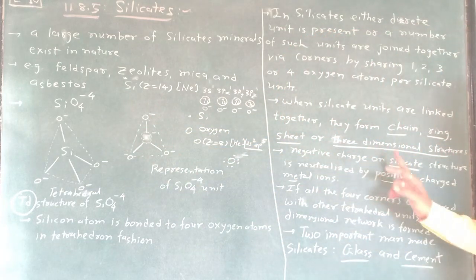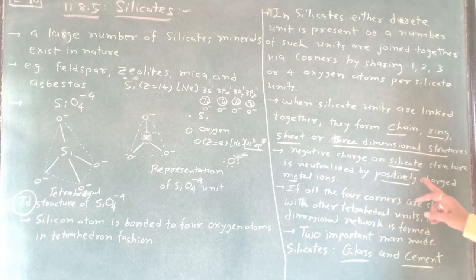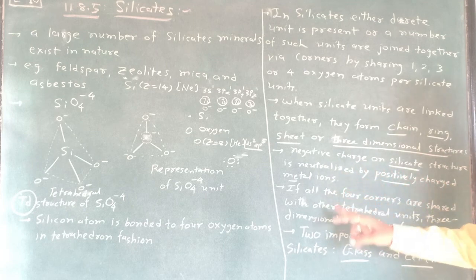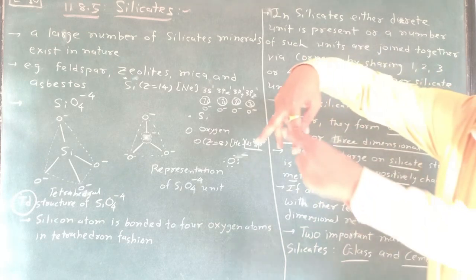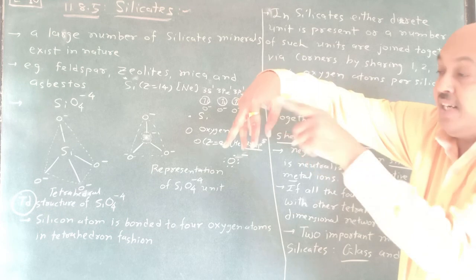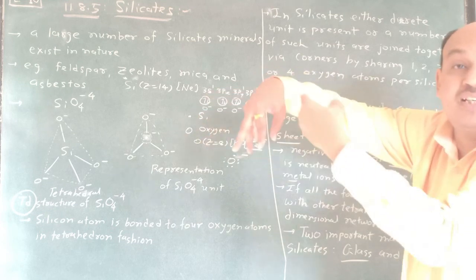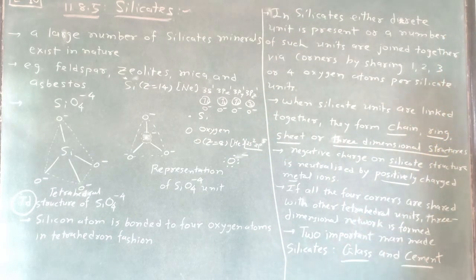So the negative charge on the silicate structure is neutralized by positively charged metal ions. If all 4 corners are shared with other tetrahedral units, a three-dimensional network is formed, just like this. Suppose this is one unit, another unit is here, another unit is behind, another unit here, and so on. Then it is considered that a three-dimensional network is formed.